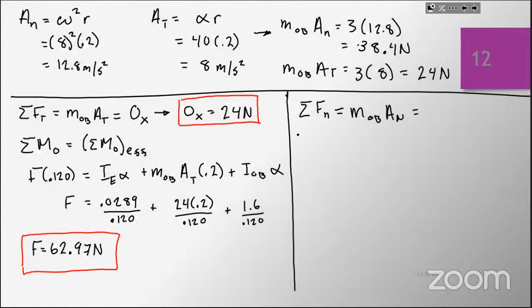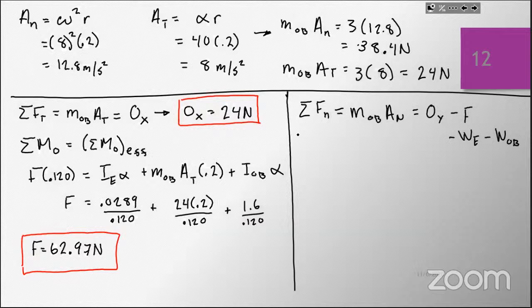In this case, this is going to equal the force at O in the y direction, minus F, minus the weight of both components, because we have to take into account all the forces in the y direction. Nearly all of the forces, except O_x, are in the y direction.